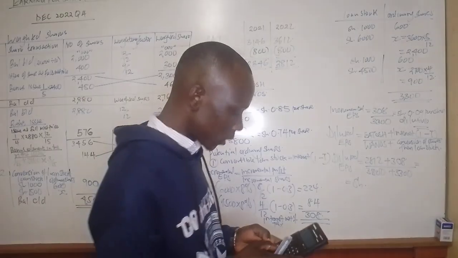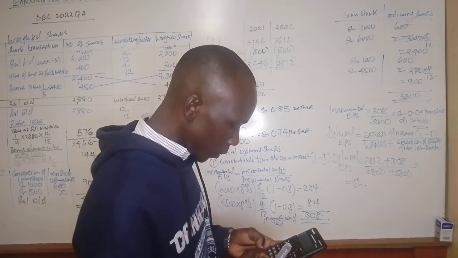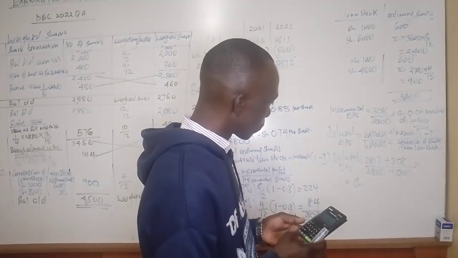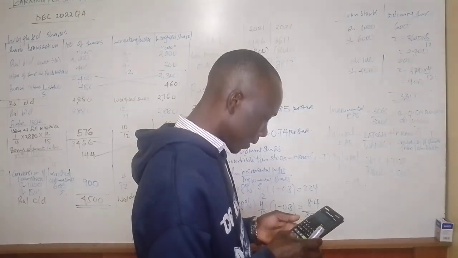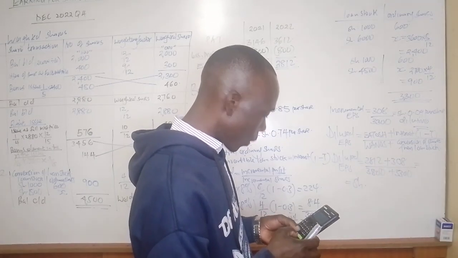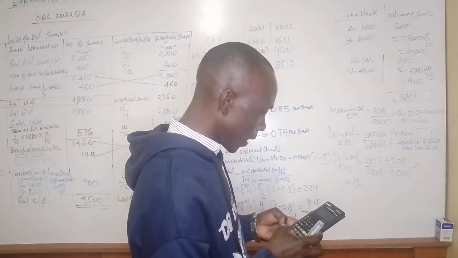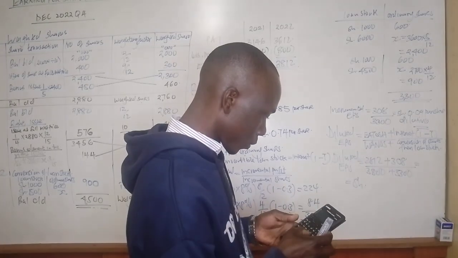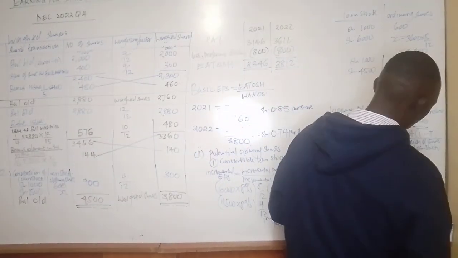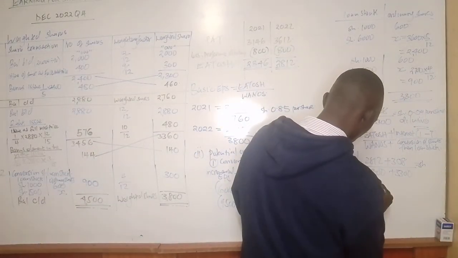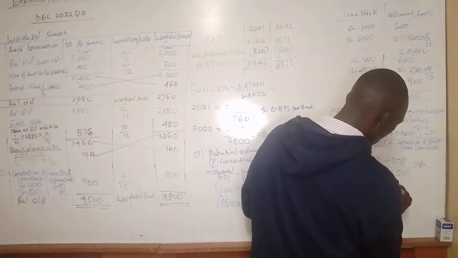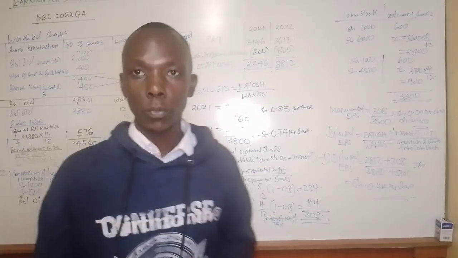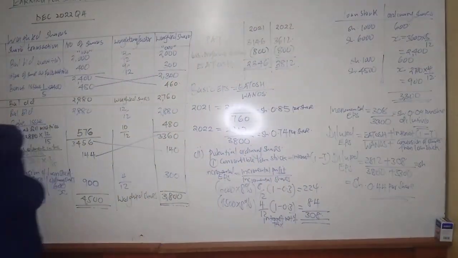You will take this, 2,812, plus 308. Then we divide by 3,800 plus 3,300. So you will get shillings 0.44 per share. That will be our diluted earnings per share.